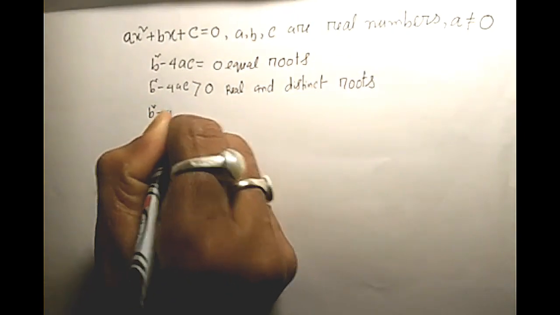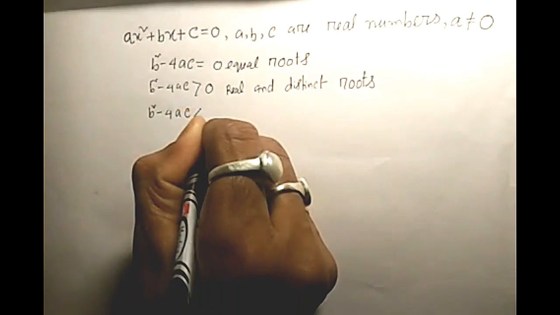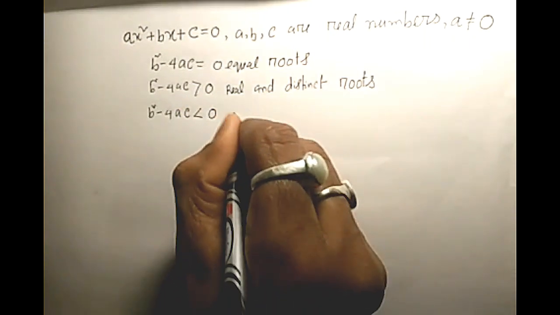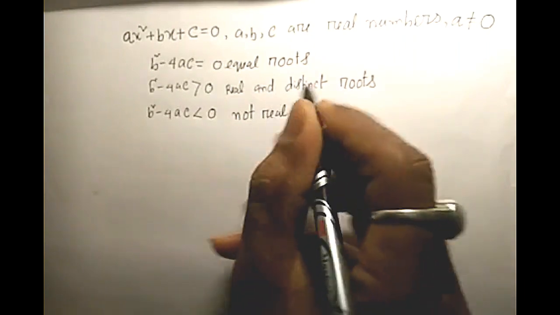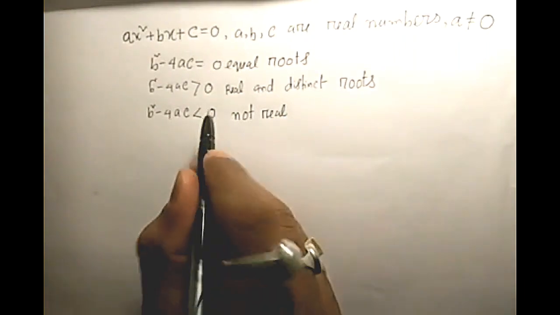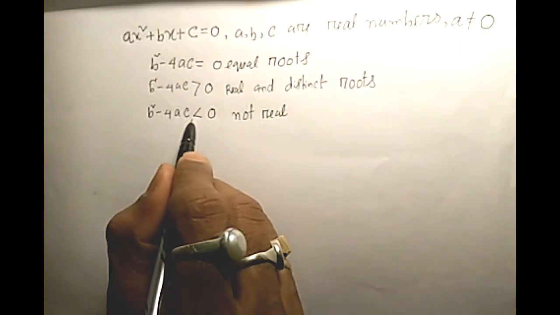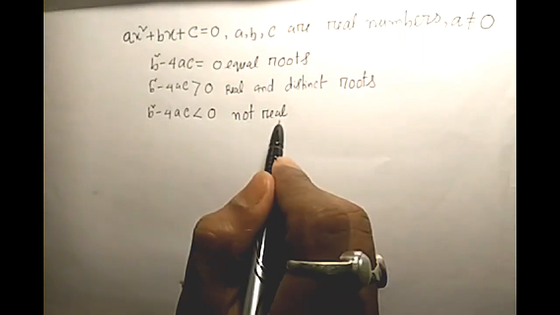If b square minus 4ac is less than 0, then roots are not real.